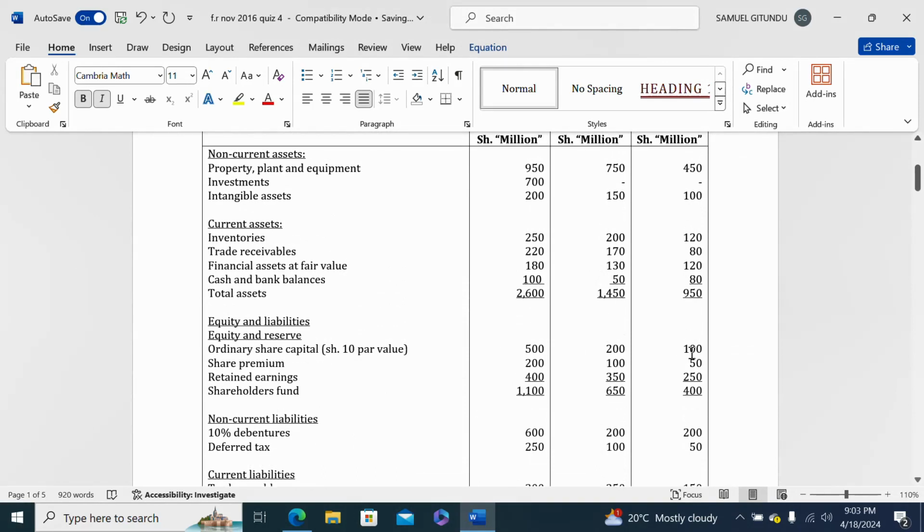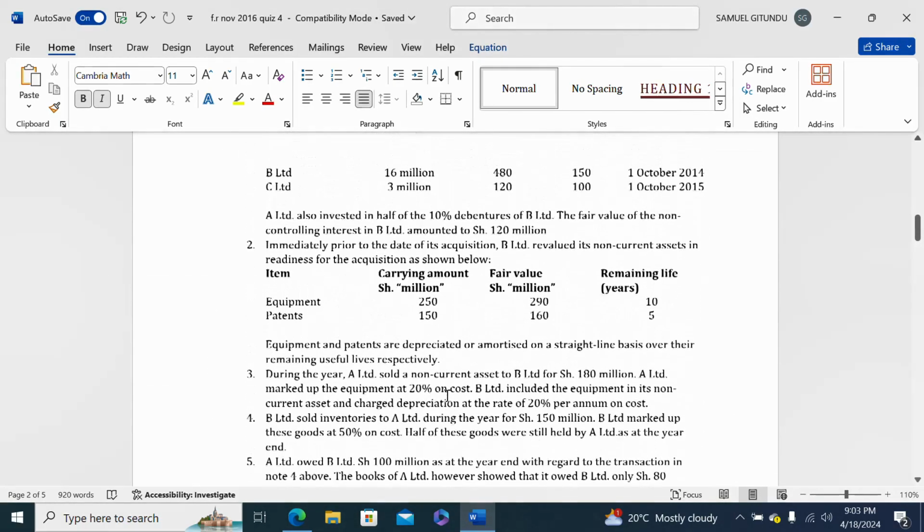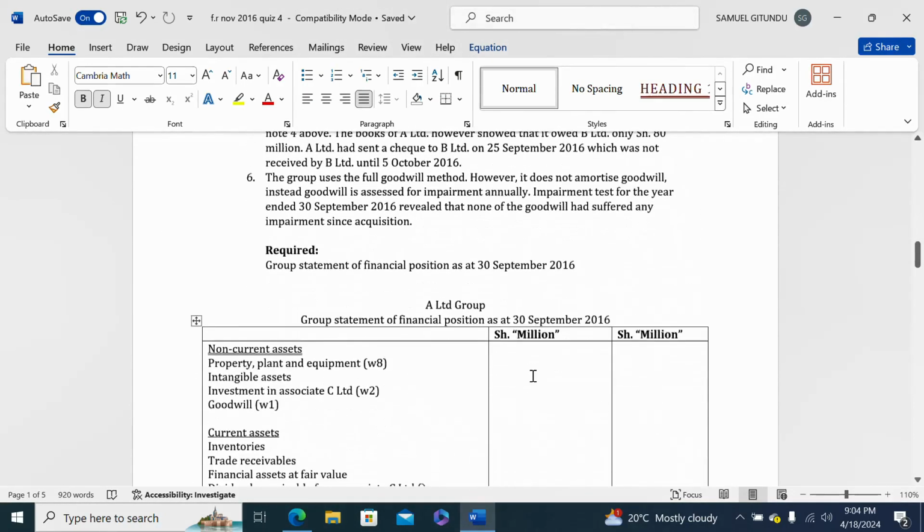C had 100 million, so this is 10 million shares, because you divide the 100 million by 10, since each share costs shillings 10, and you get the number of shares.